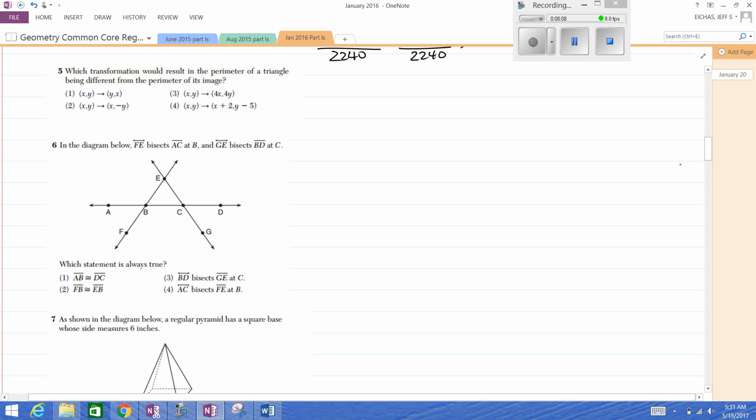All right. Let's see, perimeter to be different. We're not going to use a rigid motion transformation. So we're going to change the size, either with a stretch or a dilation. This looks like a line reflection, y equals x, so we don't want to do that.